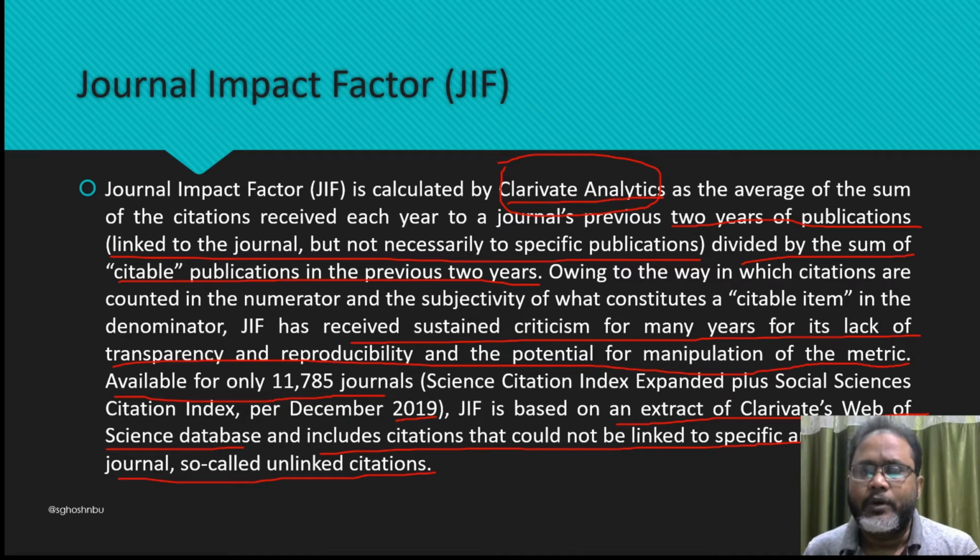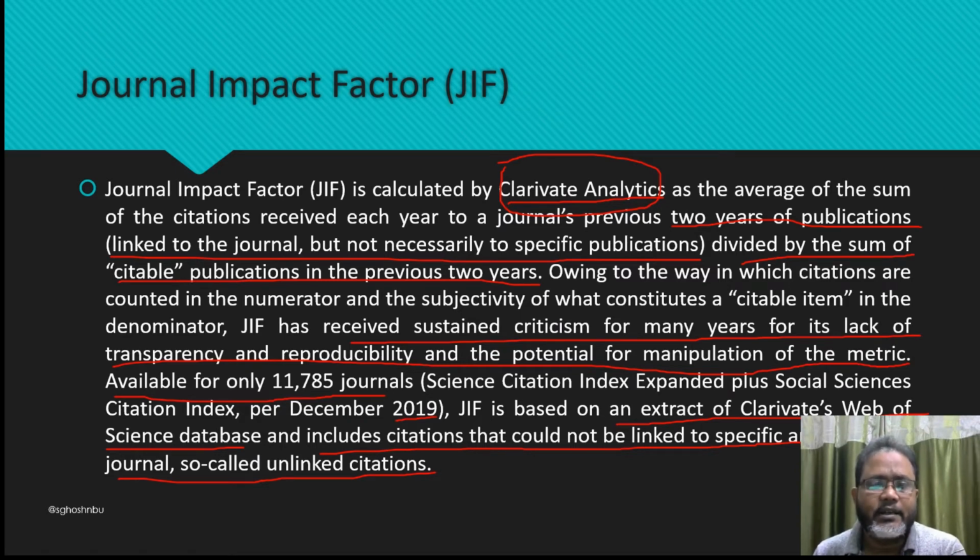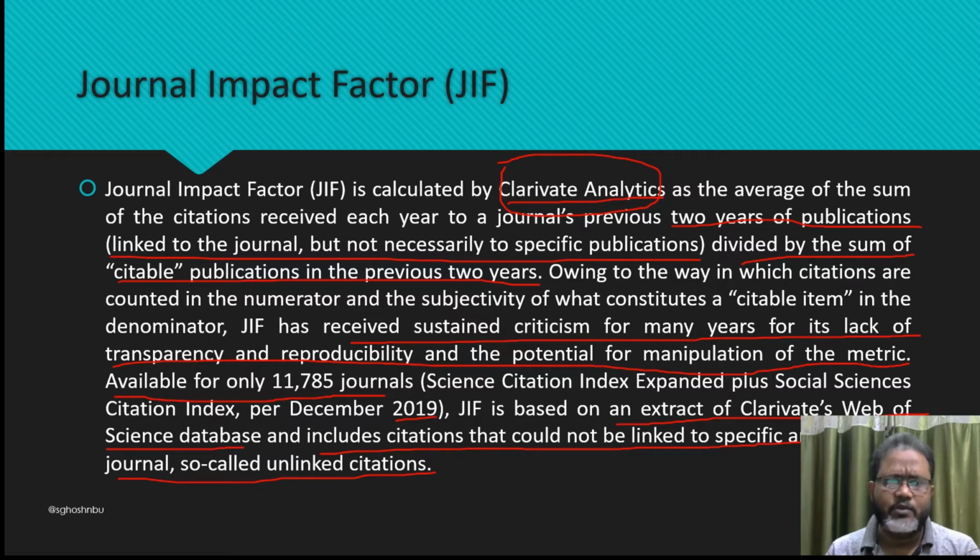Owing to the way in which citations are counted in the numerator and the subjectivity of what constitutes a citable item in the denominator, JIF has received sustained criticism for many years for its lack of transparency and reproducibility and the potential for manipulating the metrics.